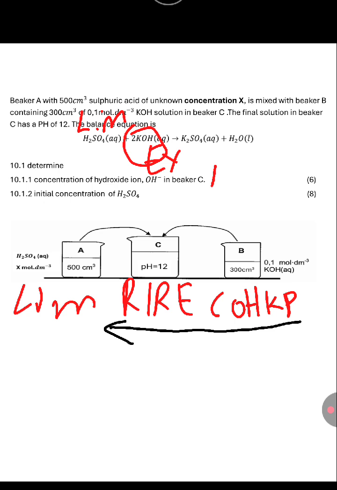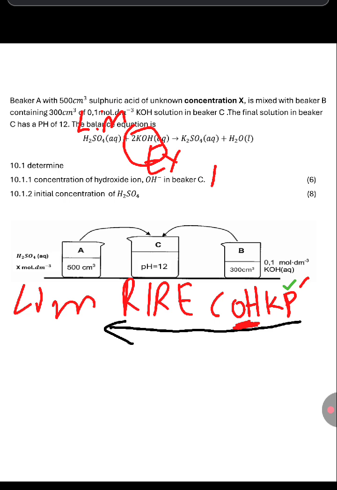It says determine the concentration of hydroxide ions in beaker C. Now, where do I start? This is where the hydroxide ions are, so I must start from the pH.